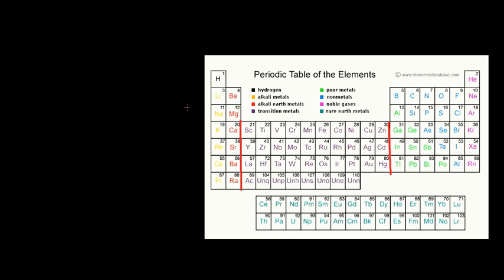So this would be called the S orbital, and this would be called the P, D, and F orbitals.